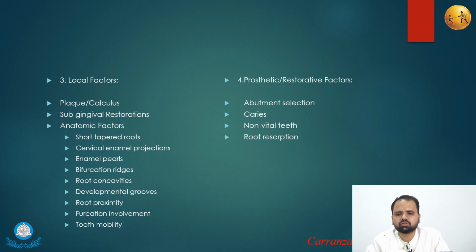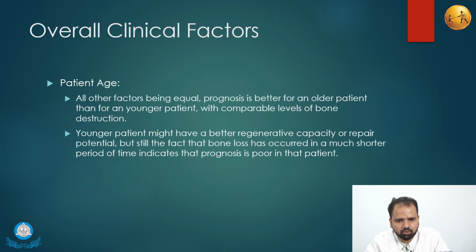And again the prosthetic factors would be abutment selection, caries, non-vital teeth, and resorption of the root. So today we'll speak about the factors which influence the overall prognosis of the patient.